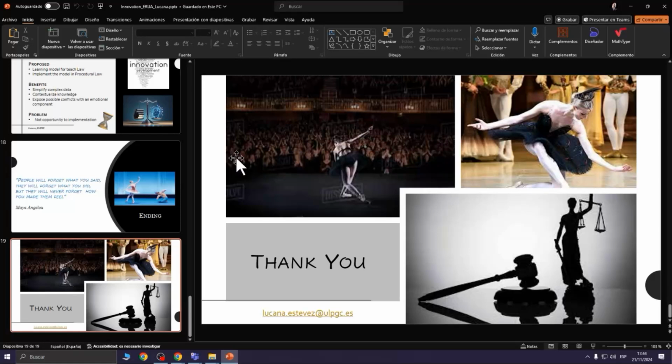Luciana, only one question. Do you remember the spark that gave you this idea? It must have come from somewhere. Yeah. I have some friends at the University of Santiago de Compostela who like the arts a lot. And they usually try to compare the law with some area of arts.